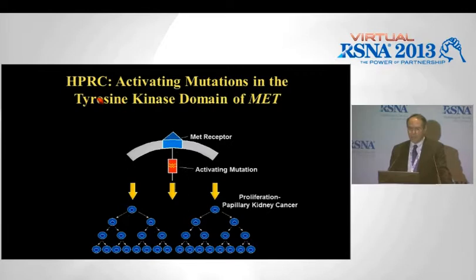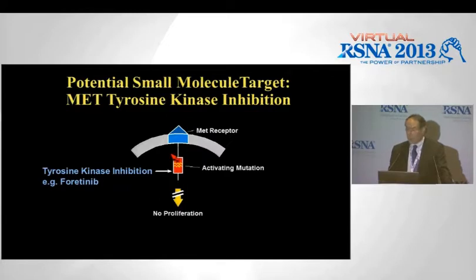And what happens in the hereditary form of papillary disease is that this tyrosine kinase domain is in a permanently activated state. It doesn't require any ligand to bind to it for it to activate. Instead, it's constantly on, and it's leading to proliferation of cells, eventually leading to papillary renal cancer. So we have some idea about that.